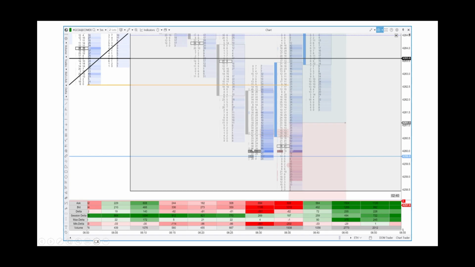The volume was 281. Look at all the normal volume: 12, 16, 21, 22, 14, 6, 6, 18, 10, 21, 11, 11, 24. That's normal volume. But look, at 6:30 a.m., 259 contracts hit the bid aggressively, looking to tank this market. We got another 108 at this level, and only 4. So the volume was 281.